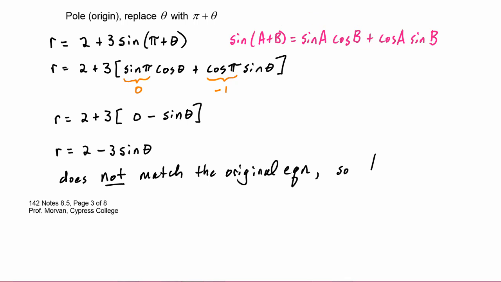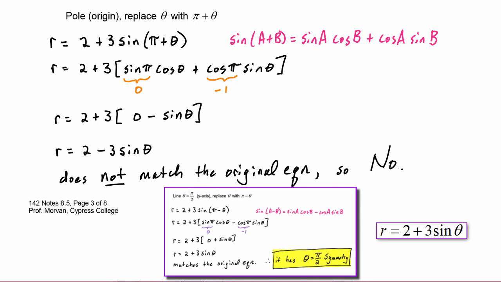So we have to say no. So it turns out that r is equal to 2 plus 3 sine of theta only had one type of symmetry, and that was theta equals pi over 2 symmetry.